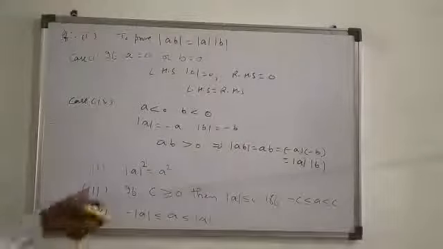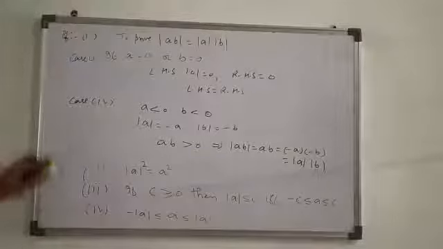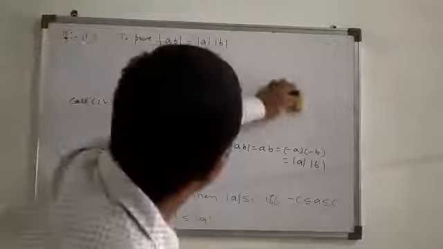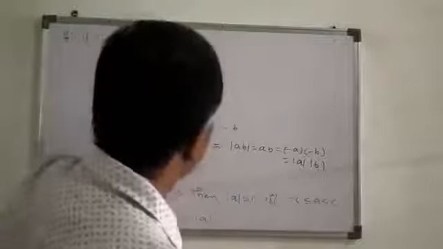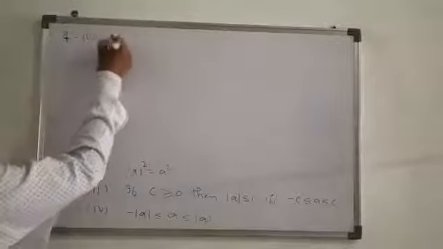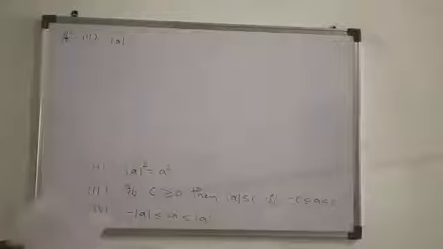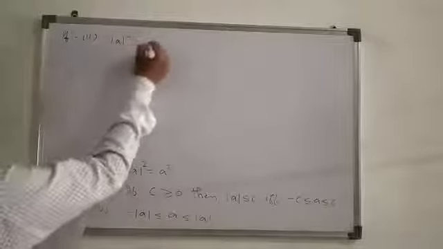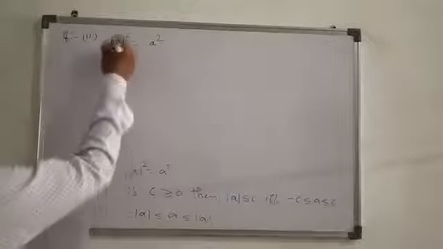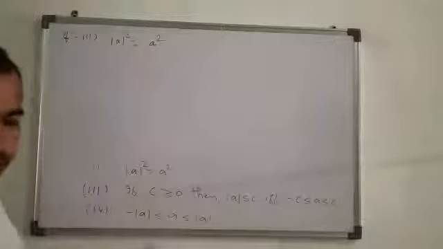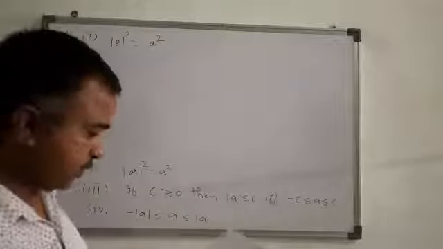Next, second part, mod of A the whole square is equal to A square. We have to prove that mod of A the whole square is equal to A square.